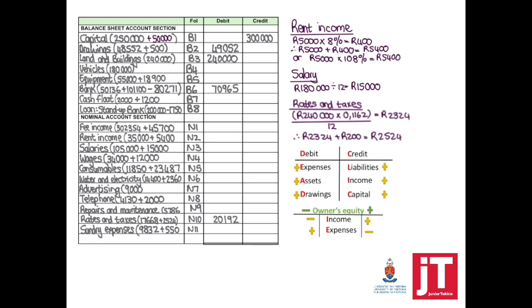There were no changes to vehicles. Vehicles is an asset on the debit side, 180,000. Equipment, 55,000 plus 18,900. So my new total on the debit side, 73,900. Bank, it's still a current asset because my total receipts is more than my total payments, and I had a favorable bank balance in the beginning.